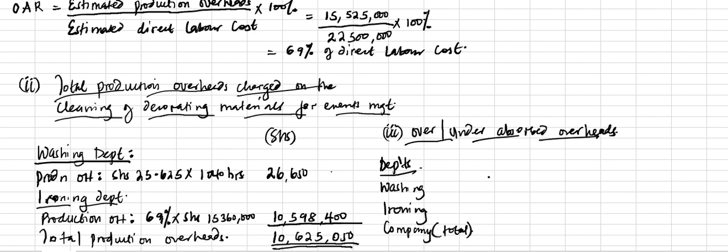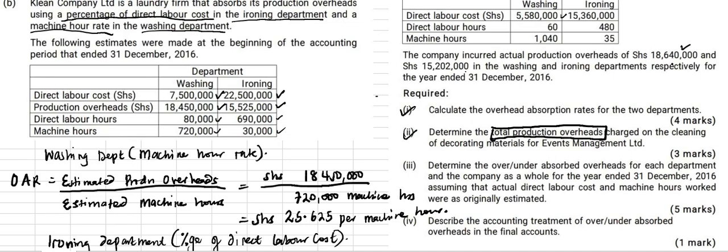So I have to get the actual overheads. What are the actual overheads? The company had actual production overheads of shillings 18,640 thousand and 15,202 thousand in the washing and the ironing department respectively for the year.